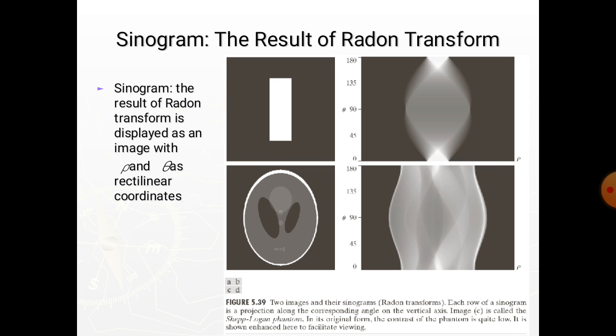In this figure, this is a sinogram of the rectangle on the left. The vertical and horizontal axes correspond to theta and rho respectively. Thus the bottom row is the projection of the rectangle in the horizontal direction.